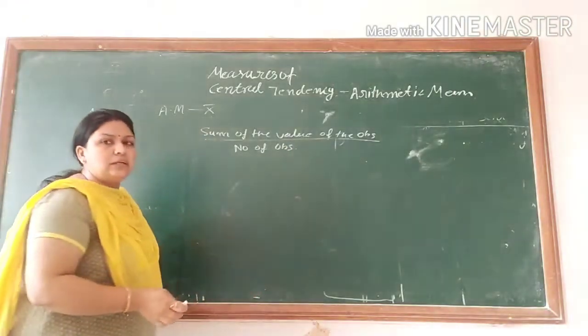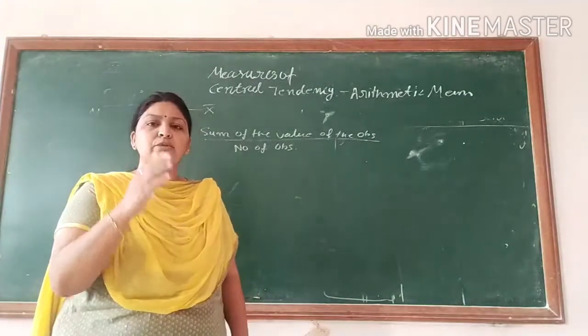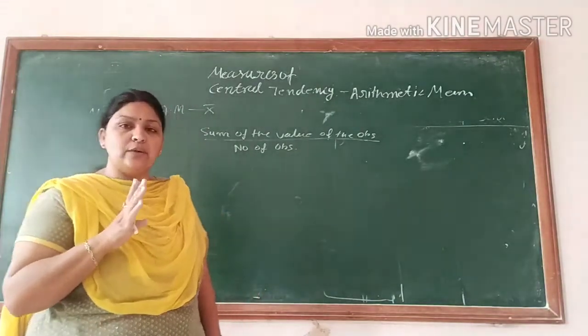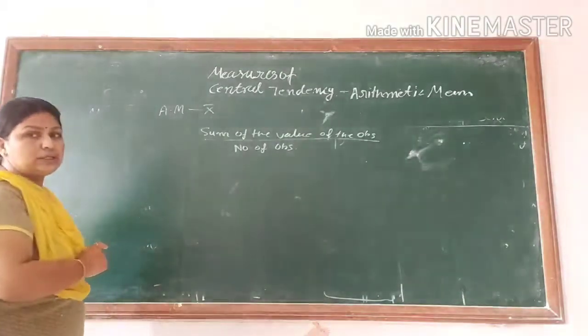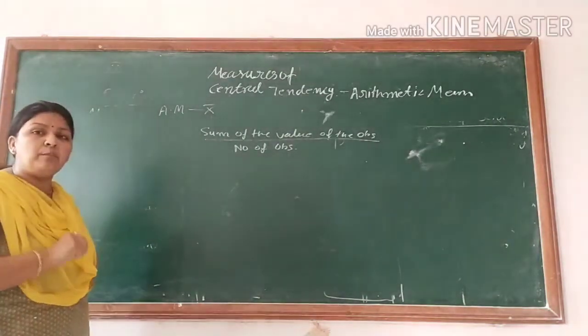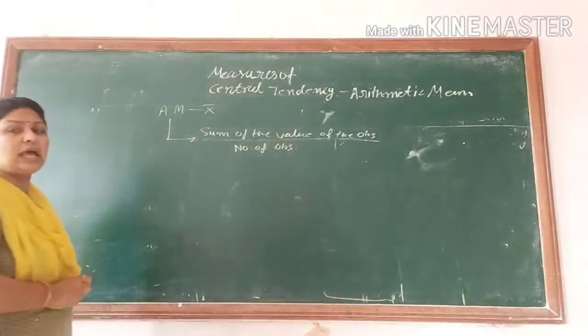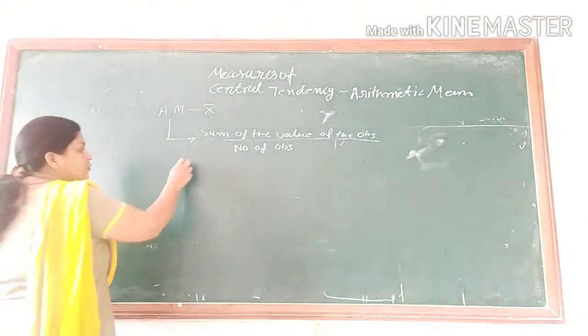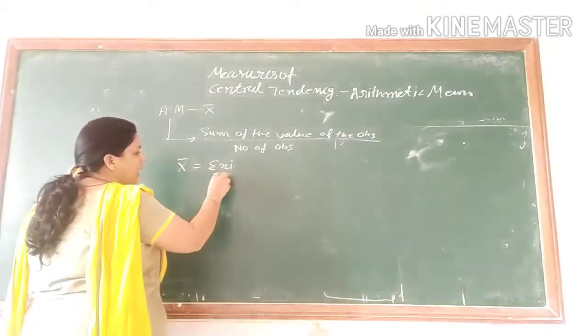Who are the observers? We can take the example of 50 students. So 50 students are the observers. Fine. So sum of the values of the observations divided by number of observations, that is the meaning of arithmetic mean. So we can say x bar equal to sigma xi upon n.